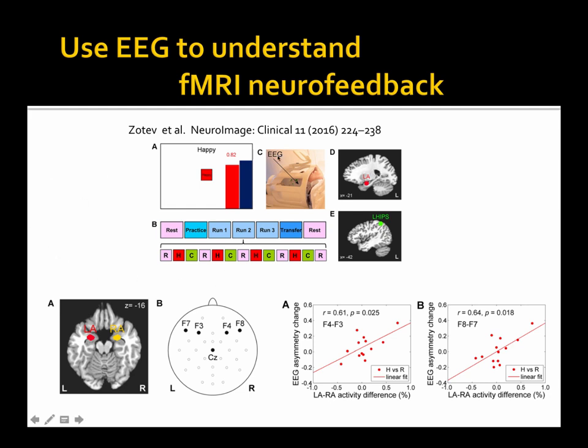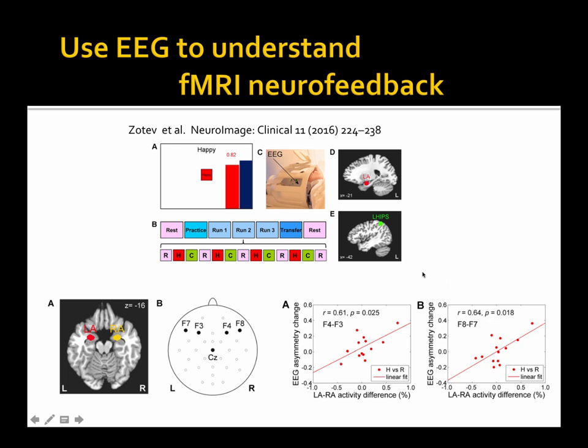So this is a study done by Soteb working with Jerzy Badurka, and they look at the neurofeedback for the amygdala left and right, and then correlate that activity with the asymmetry changes in the EEG in a set of electrodes, right?